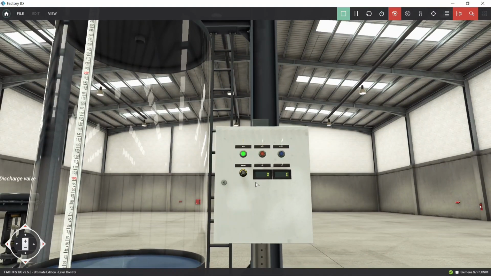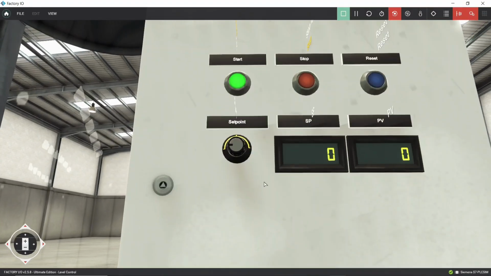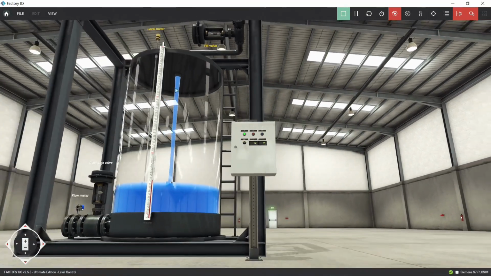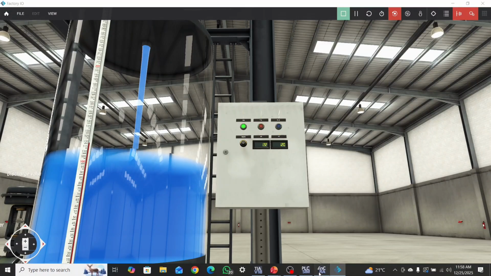Whenever the set point and the process value are the same, then we can understand that our graph will be stable. And here we set a set point of 132, and you can see our feed valve has started and our water is filling the tank, and our process value is showing the value.